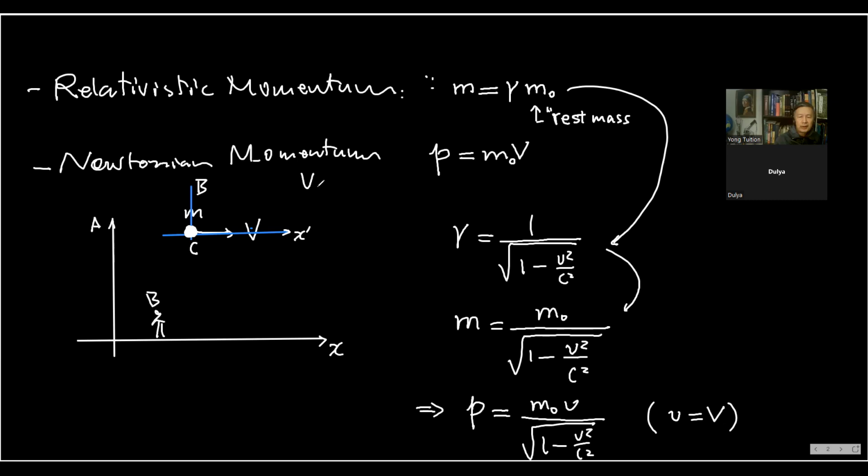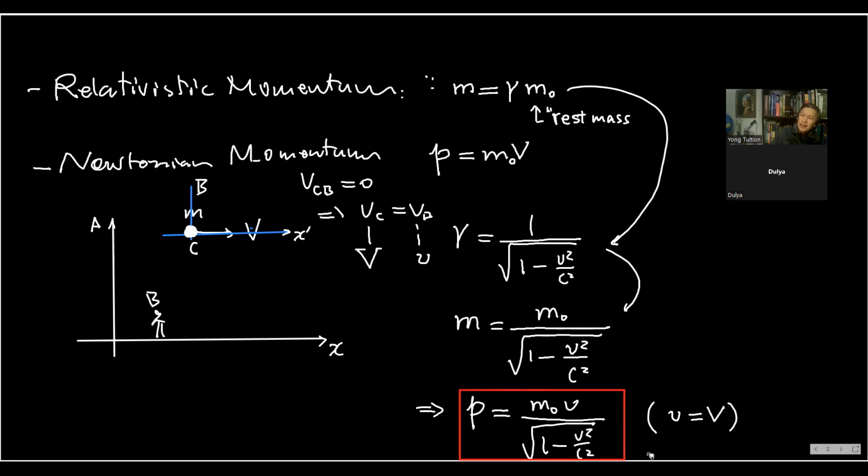So the velocity of C relative to B is equal to 0. Therefore VC is equal to VB. By our notation, this VC is capital V, and this VB is small v, right? That is why what you're going to learn is this formula. A little bit indirect, can you see? So this is the formula you need to learn.